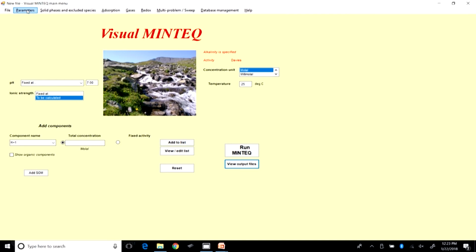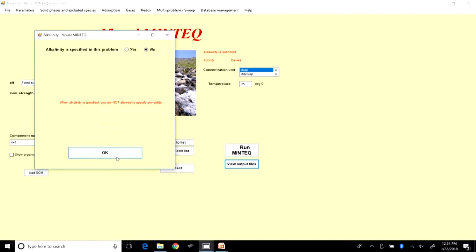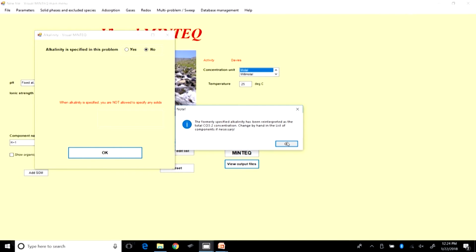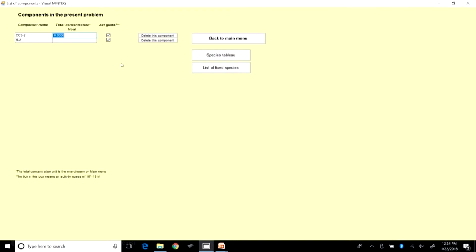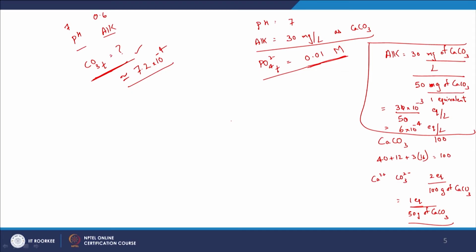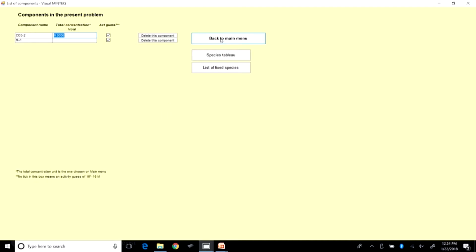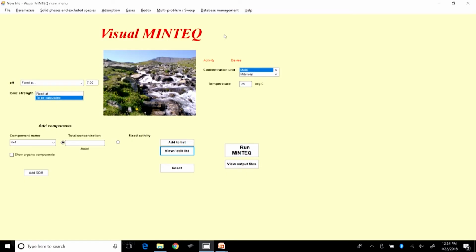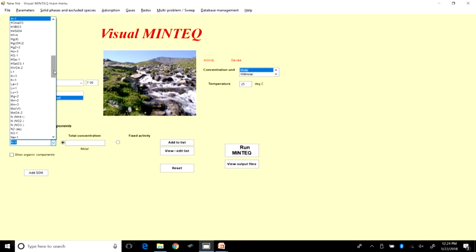I want to also put in phosphate total. Let us see how I can go about that. Specify alkalinity: now I am going to say no, there is no alkalinity specified in the solution. View edit list, and now CO3 total is going to be 7.2 into 10 power minus 4. So let's plug that in here. CO3 total, back to main menu, and CO3 total.